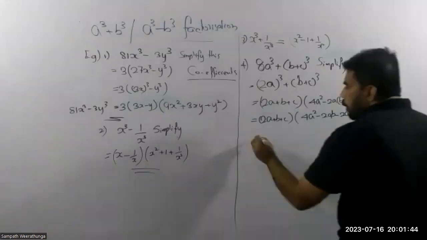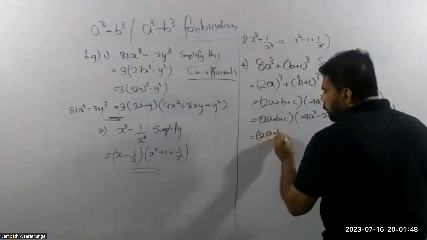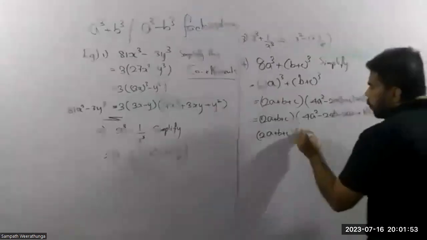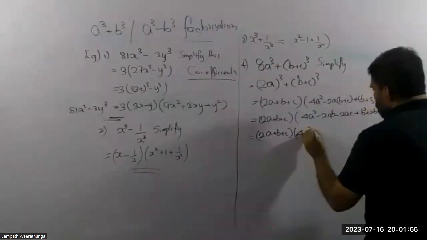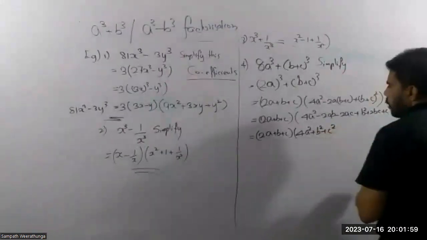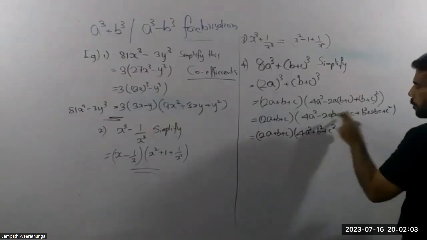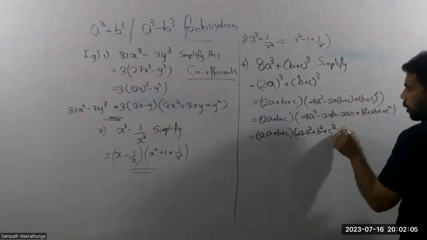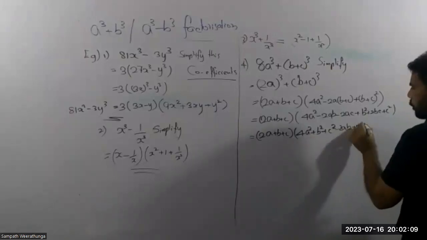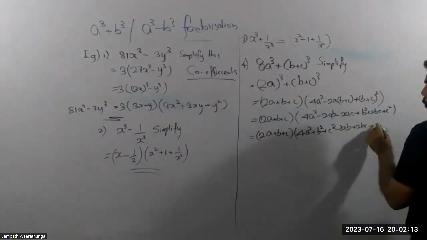So what I'll write is 2a plus b plus c. Then all the square terms I'll write together: 4a squared plus b squared plus c squared. Then the multiplication terms next: minus 2ab plus 2bc minus 2ac.